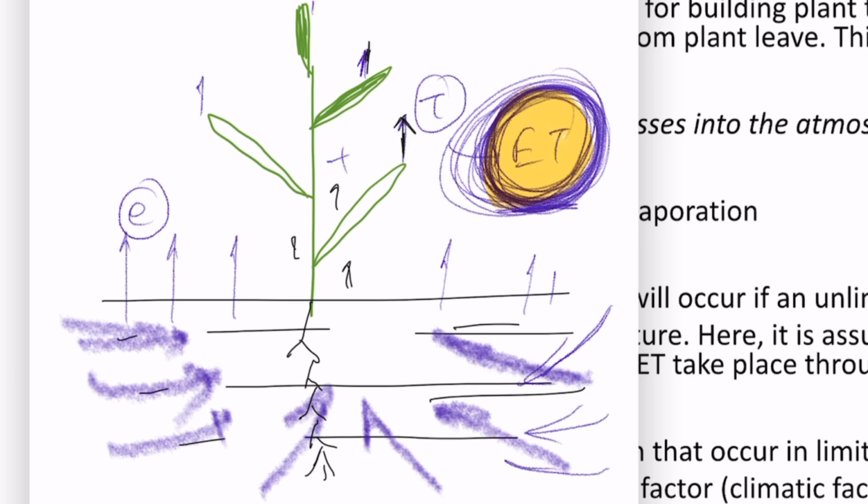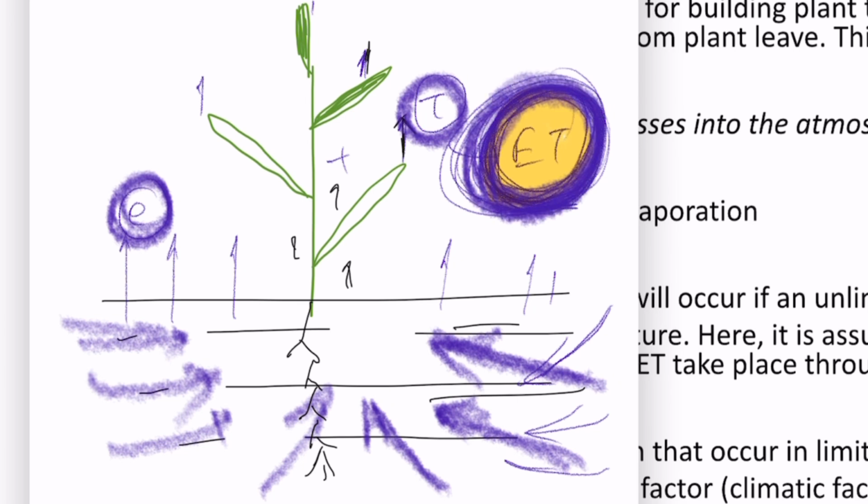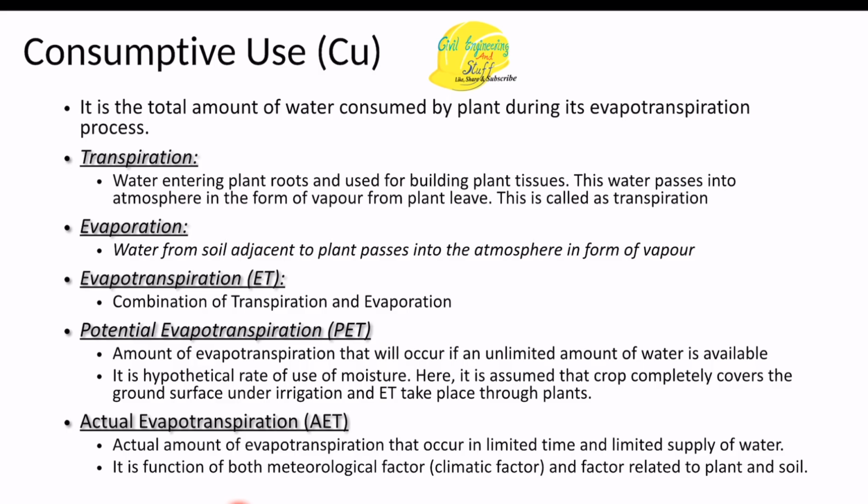So once we are supplying an unlimited quantity of water, the transpiration need is being fulfilled and the evaporation need of the soil is also being fulfilled, right? So the net evapotranspiration value that we get when we supply the unlimited quantity of water for a certain crop is what we call the potential evapotranspiration, or known as the PET.